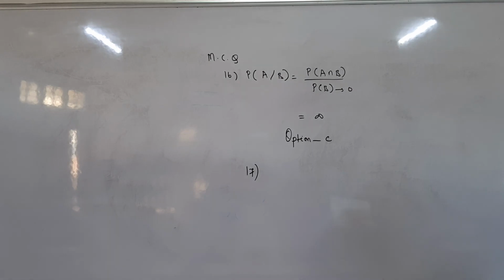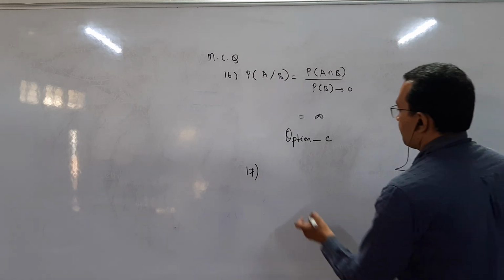MCQ 17. If A and B are such events that P of A given B is equal to P of B given A, then what is true?